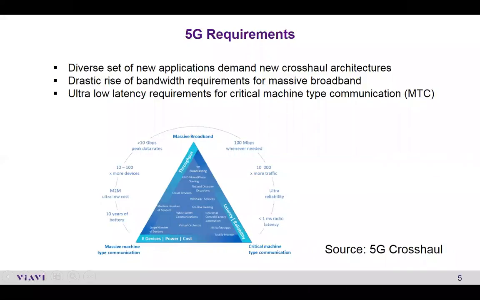But beyond that, we are also talking about support for critical machine type communications. This could be driverless cars and autonomous cars, remote surgery, things of that nature, tactile internet. Very, very latency critical, ultra low latency, and absolutely important. And the third set of requirements are related to massive machine type communication. So this could be smart meters, thousands of them in the neighborhood.